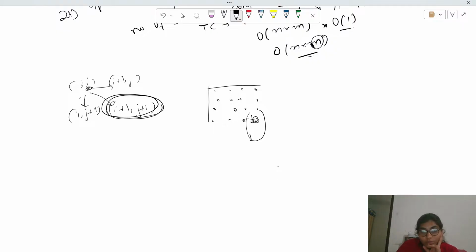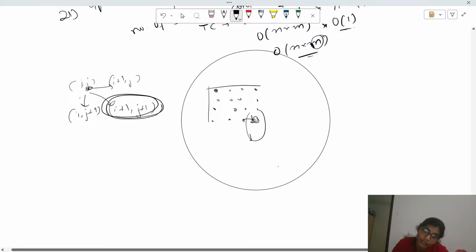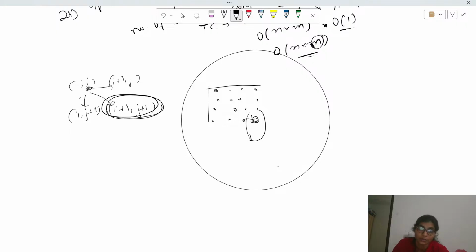So we want the answer here. Let's see how we are getting the answer here. We're taking the maximum of these three here.